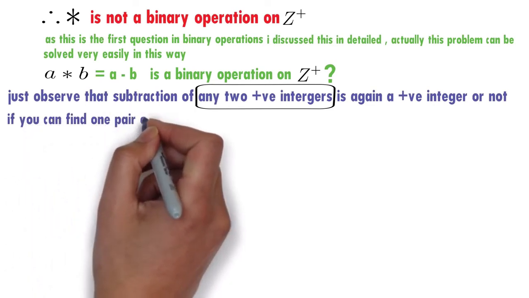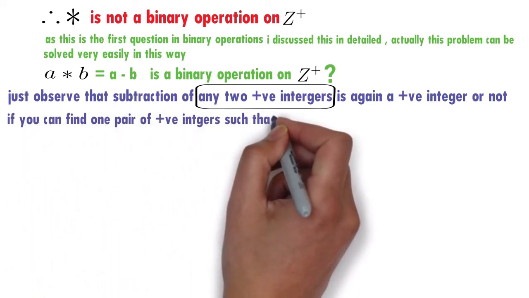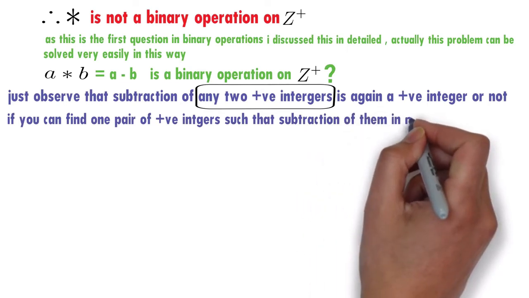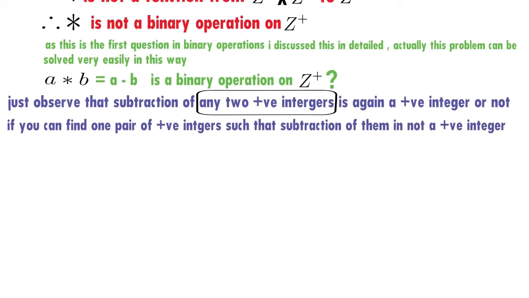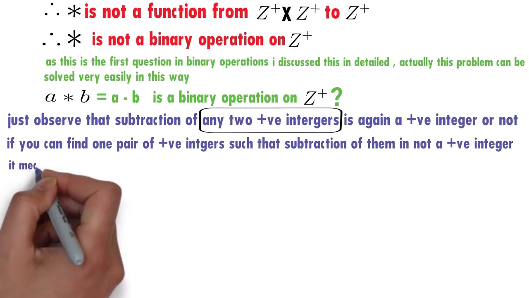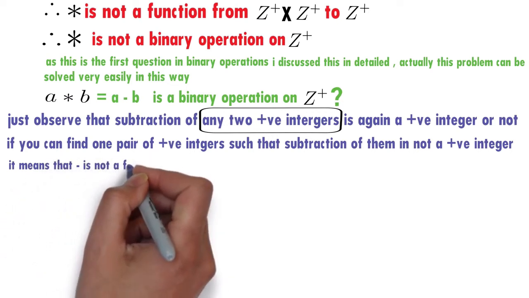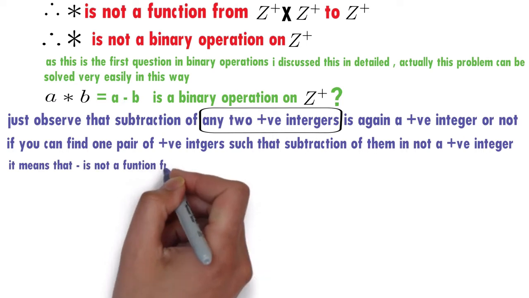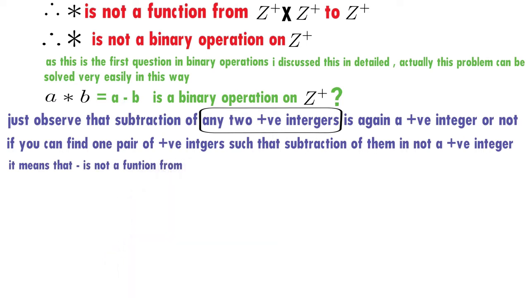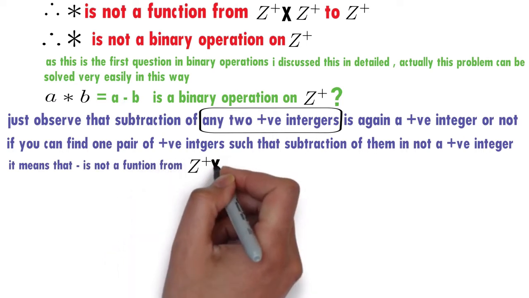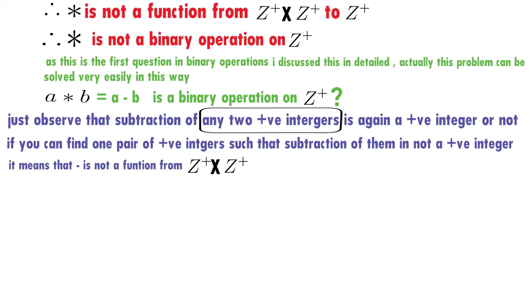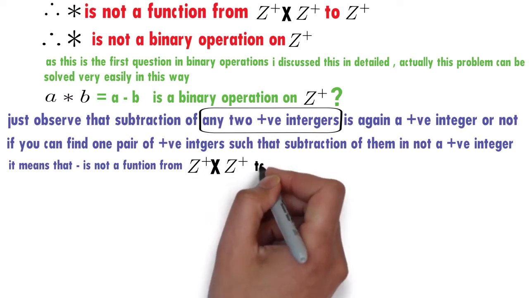If you can find one pair of positive integers such that subtraction of them is not a positive integer, it means that subtraction is not a function from Z plus cross Z plus to Z plus.